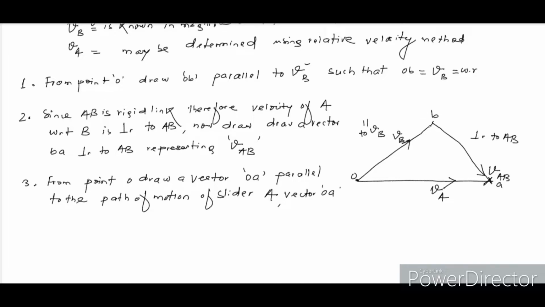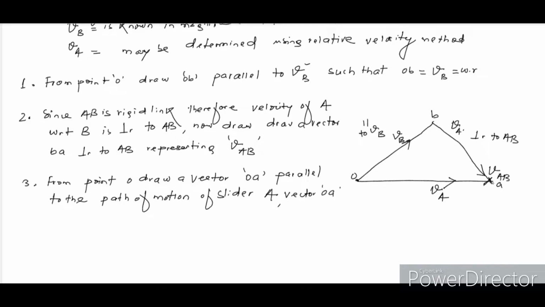Now, from point b, we draw a line perpendicular to the connecting rod AB, representing the relative velocity of point A with respect to B, VAB. We still don't know its magnitude, so we cannot locate point a. Now from point o, draw a straight line representing the horizontal slider velocity VA. So obviously it will be a straight line.